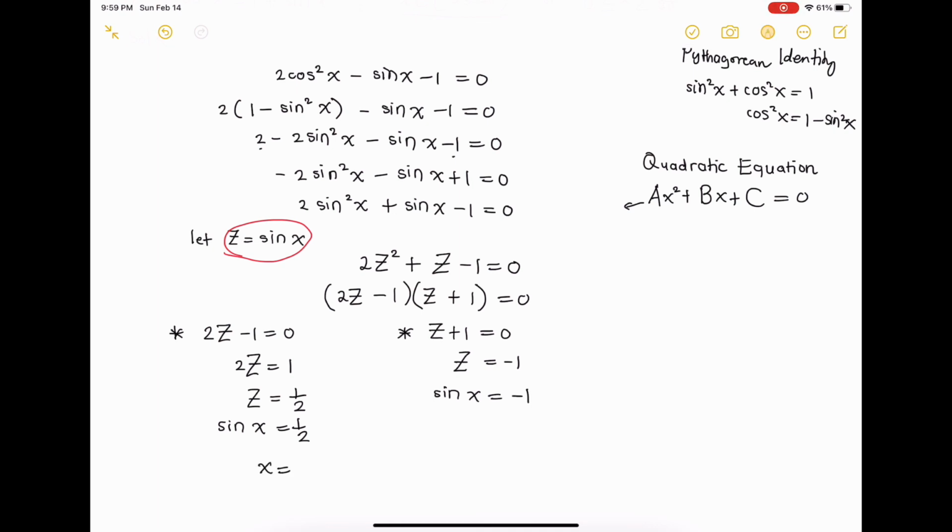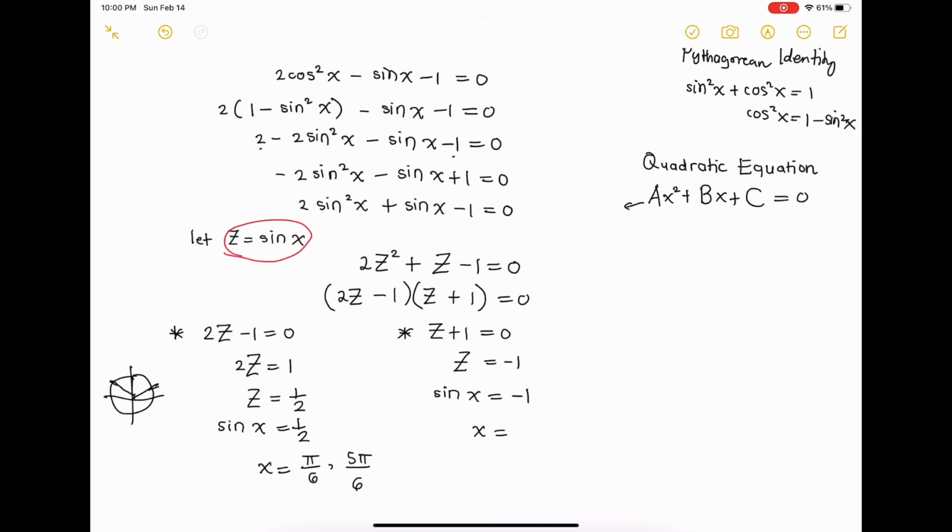For the first part, find an angle such that the sine is 1 half. I draw a unit circle in my scratch. That part is pi over 6 and 5 pi over 6. Do not forget to consider the interval.